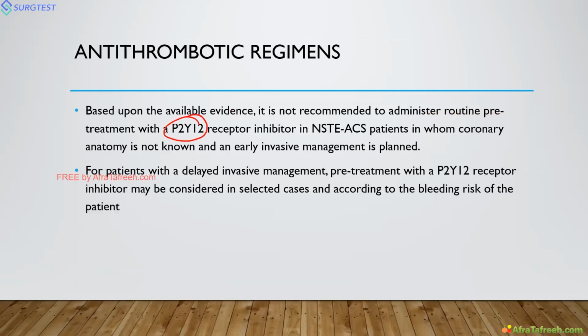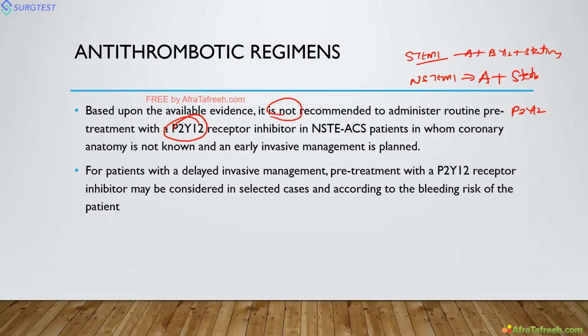This is very important because whenever a patient comes with STEMI, we give a loading dose of all 3 drugs: aspirin plus P2Y12 inhibitor plus statins. But in NSTEMI, the guidelines have changed. You have to give primarily aspirin plus statins. You should not routinely give a P2Y12 inhibitor. Very important.